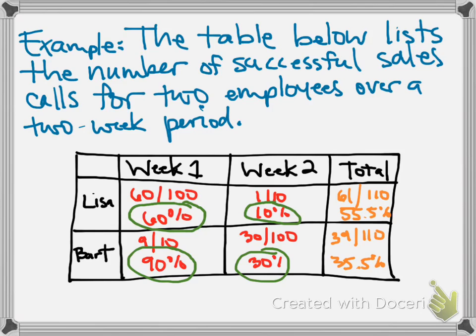However, when we look at our total percentages for the 2 weeks combined, it tells a different story. Here it looks like Lisa was more successful overall, because her overall percentage is 55.5%, whereas Bart's overall percentage is 35.5%.